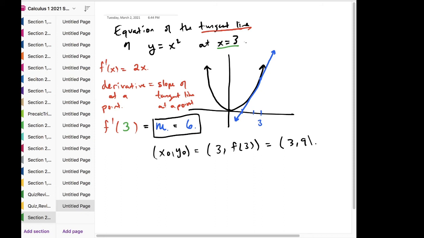Okay, good. So now you plug this into your point-slope formula. y minus y0 is equal to m times x minus x0. So this is y minus 9 is equal to 6 times x minus 3.